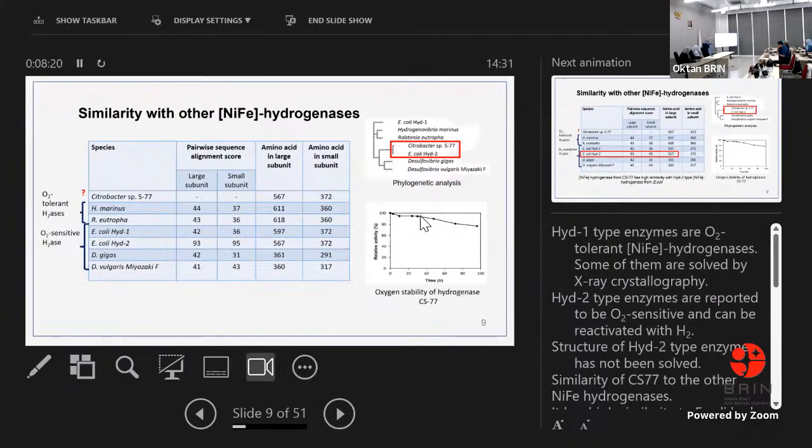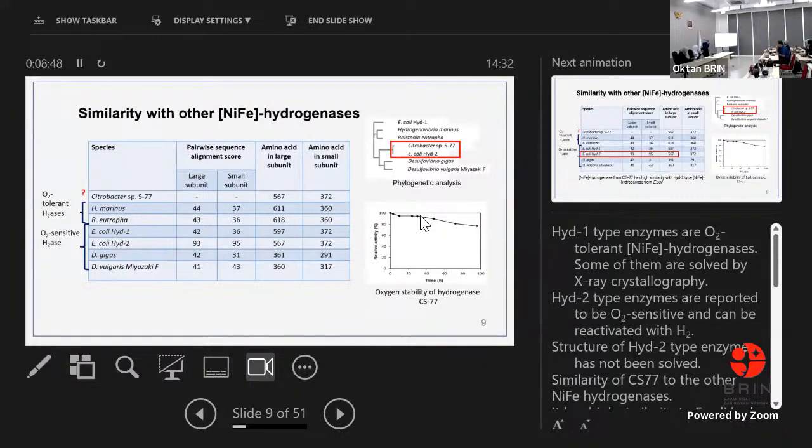One thing about the hydrogenase from CS77 is that it has high similarity with the oxygen-sensitive hydrogenase, E. coli Hyd-2, about 93 and 95% for its small and large subunits.